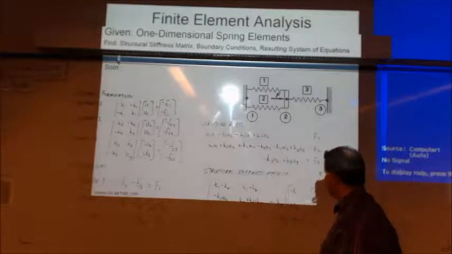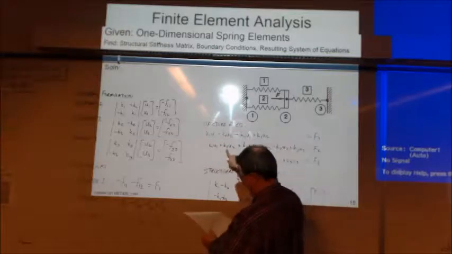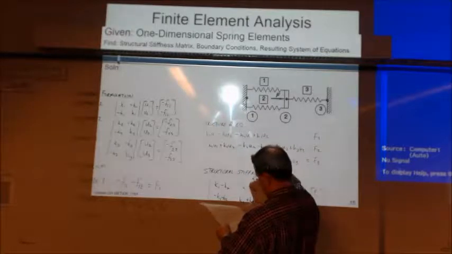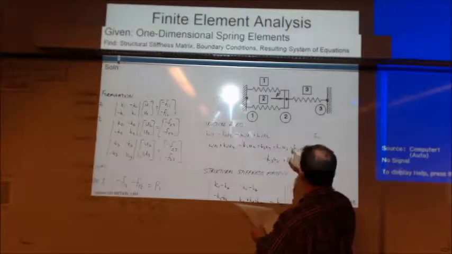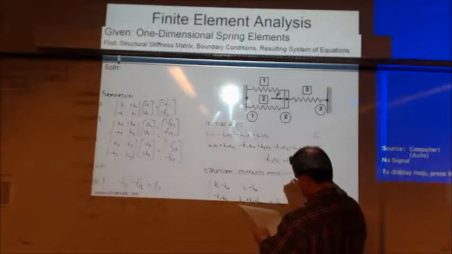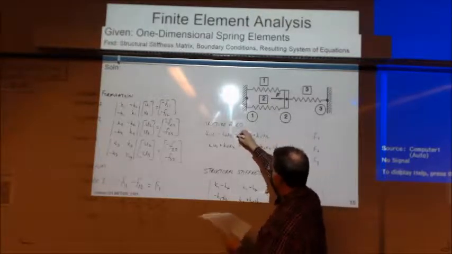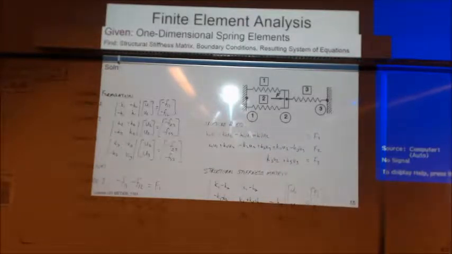Minus K3. Minus K1, Q2 plus, this is a minus K2, U2. Let's go backwards: plus K3 minus. Those are right. Other than screwing up my signs, we got the right values up there.